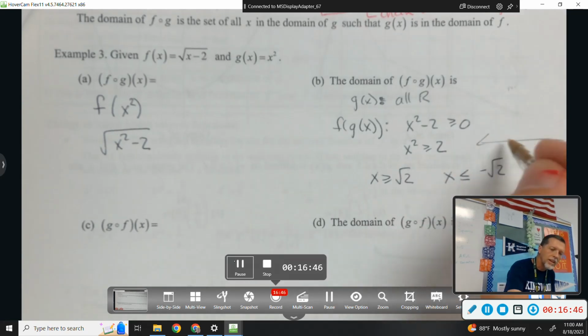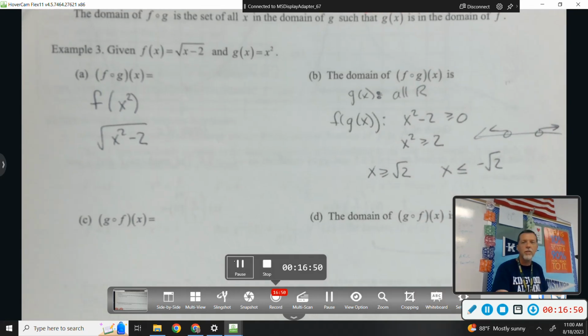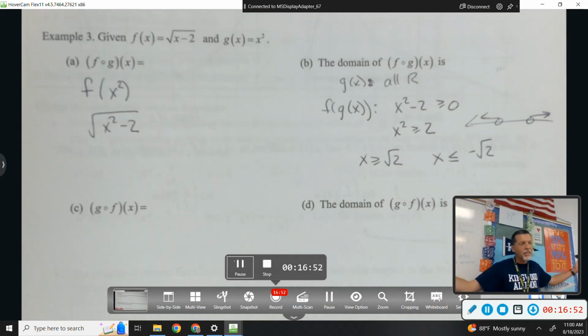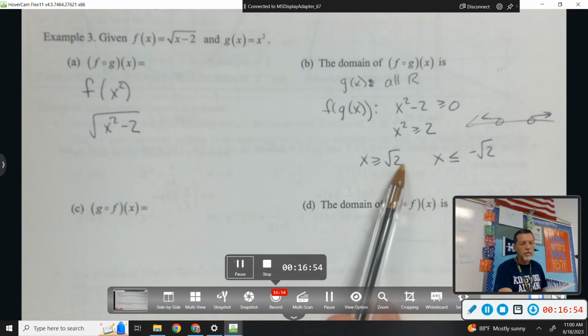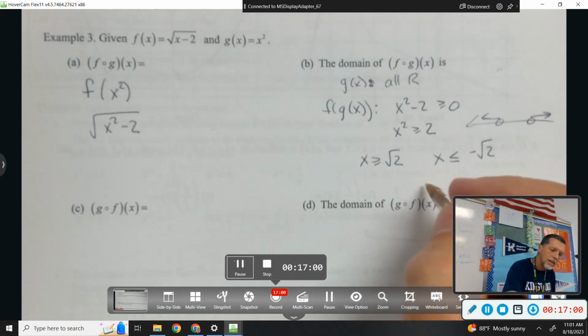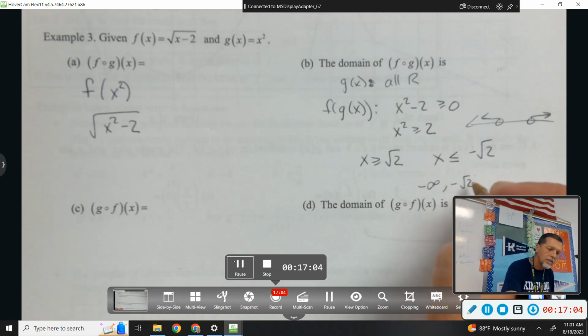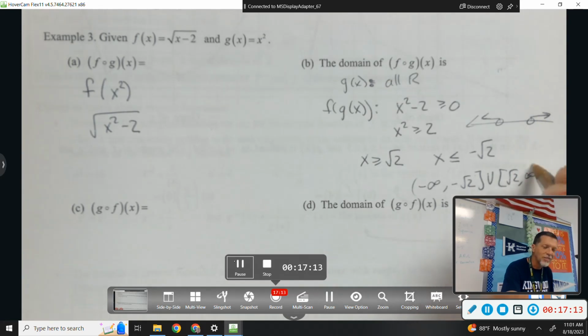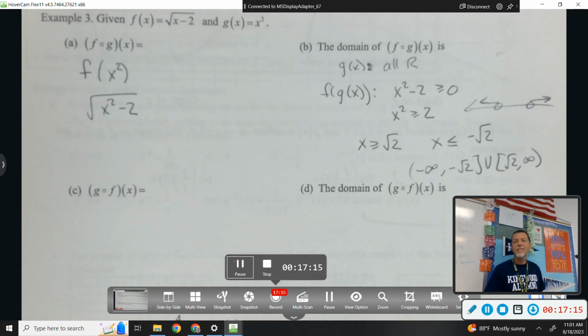Number line. I need x to be less than negative square root of 2 or more than square root of 2, because when I square those, the values get big enough to be more than 2. So it's going to be negative infinity to negative square root of 2, union positive square root of 2 to infinity.